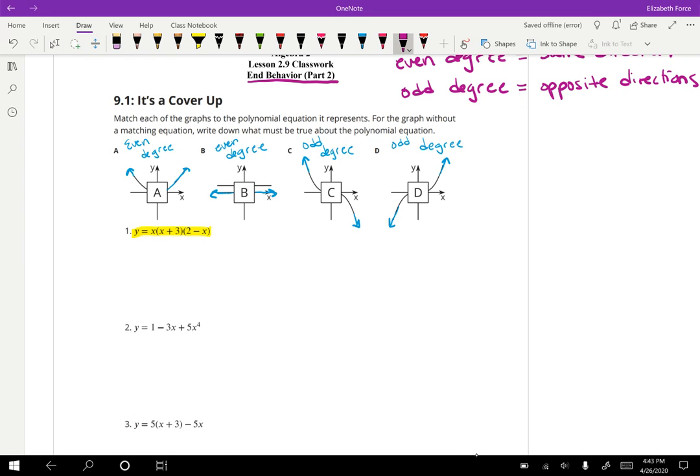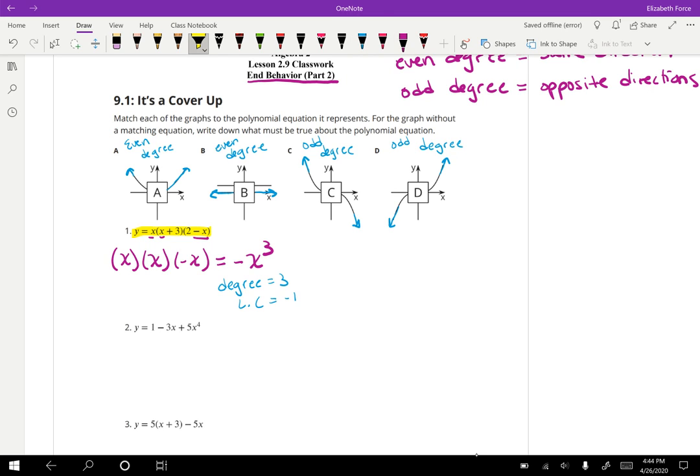So I'm going to multiply this outside x times this inside x times that x, which is a negative x. And when I multiply this, I'm going to get a negative x to the third. So I know that this is a degree equal to 3. And it's got a leading coefficient equal to -1.